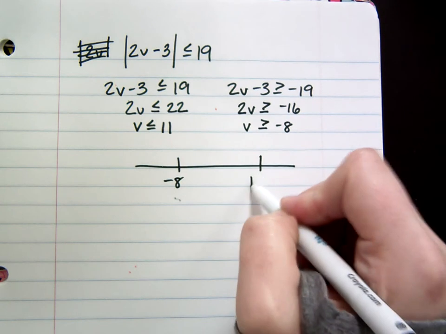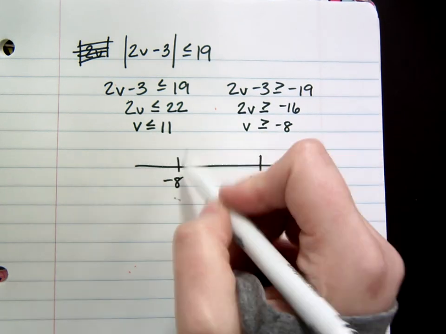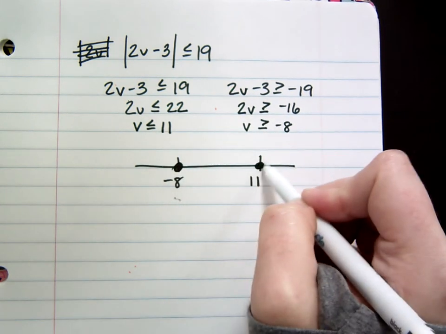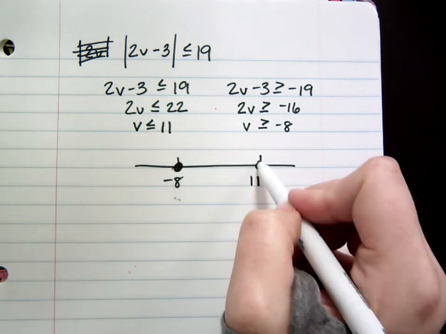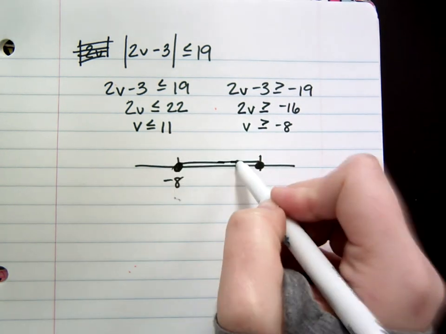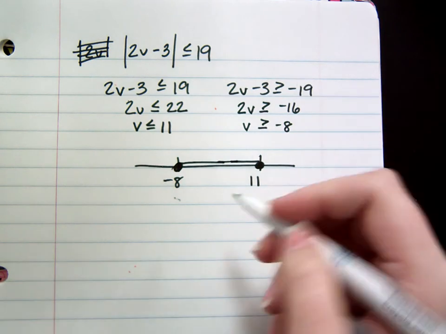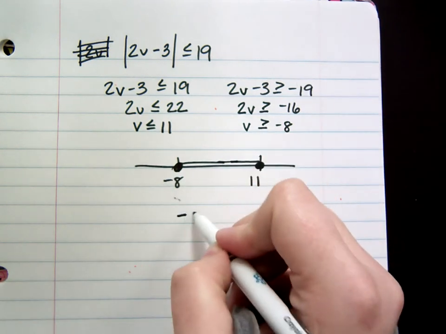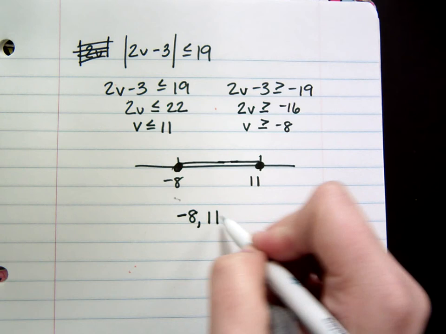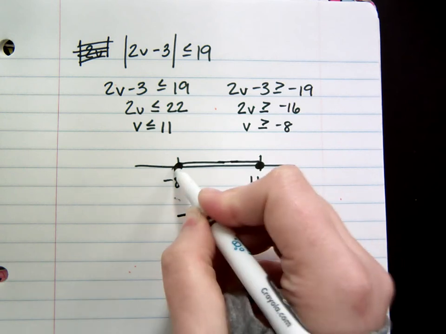So this one, closed dots, because it's equal to, less than or equal to 11, but greater than or equal to negative 8, makes them meet in the middle. Interval notation, where it starts and where it ends, that's what's going to go inside of it. Closed dots means brackets.